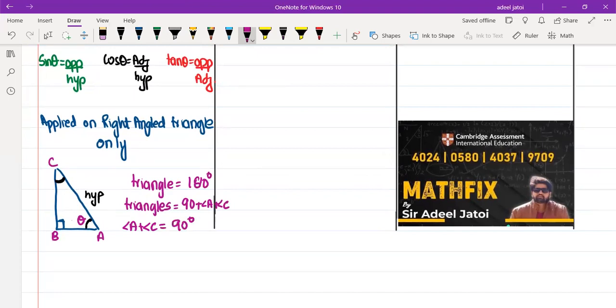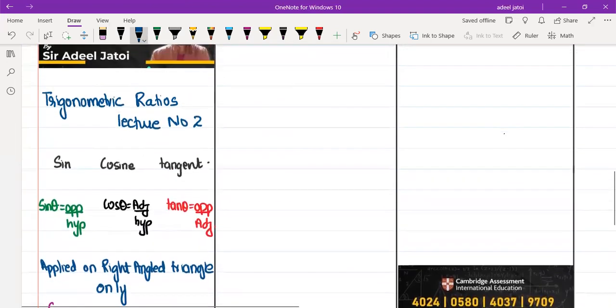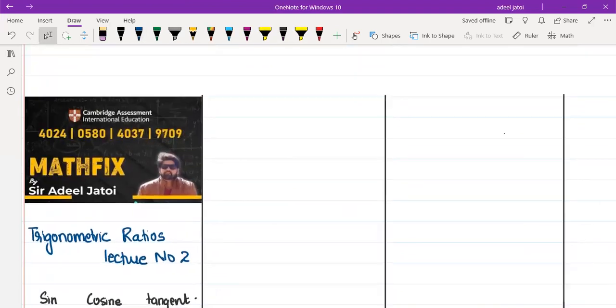So in this case, if angle A is equal to theta, then angle C will be 90 minus theta.